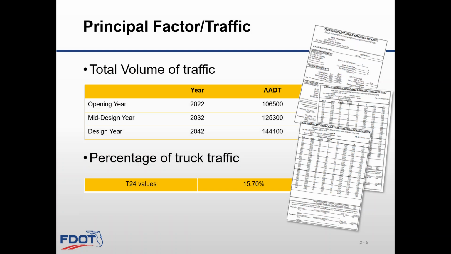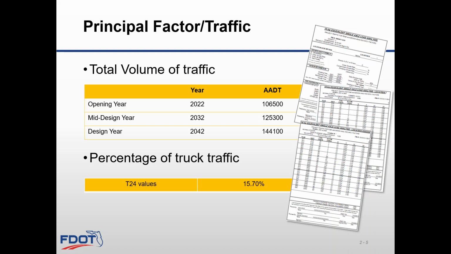So let's start looking at the principal factors, beginning with traffic. We know that total volume affects the overall geometric requirements of the highway. The percentage of commercial trucks and the frequency of the heavy loads is the factor that has the major effect on the structural design of the pavement.